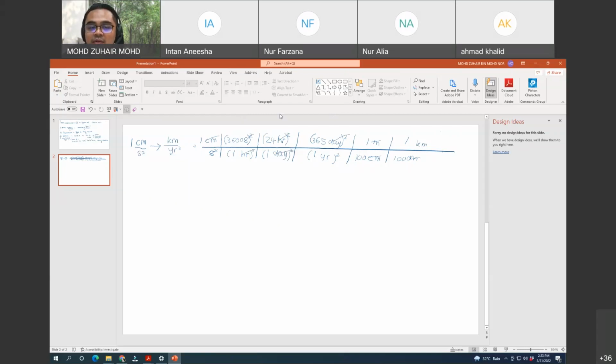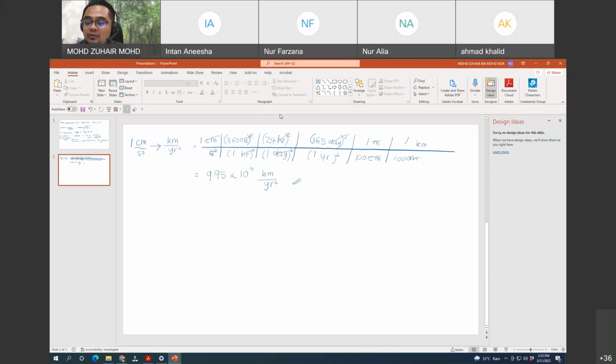Then we do the calculation: 1 times 3,600 times 24 times 365, divided by 100 times 1,000. At the end, we get the final answer, which is 9.95 times 10 to the power of 9 kilometer per year power of 2. So yes, this is the right answer.